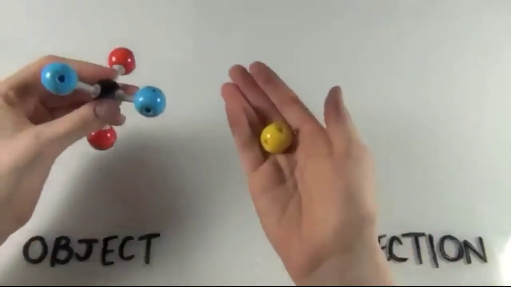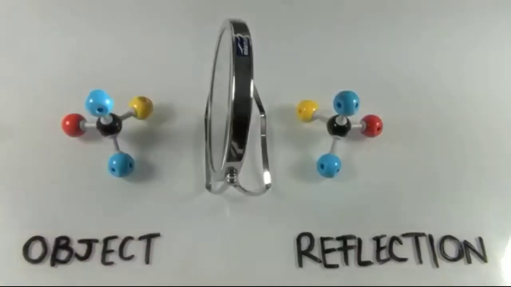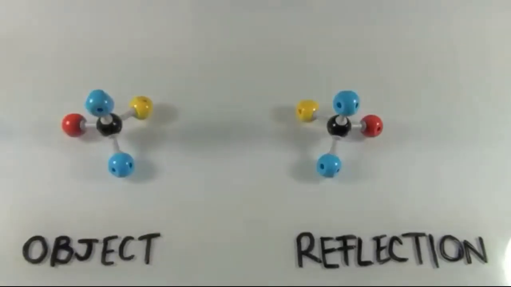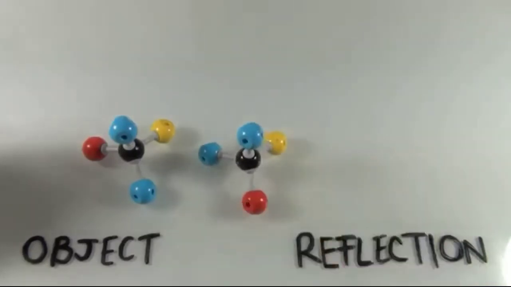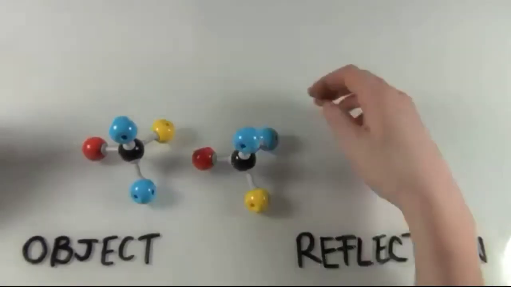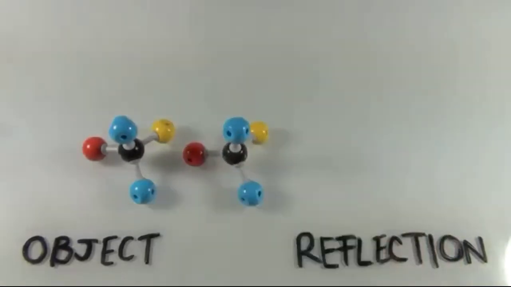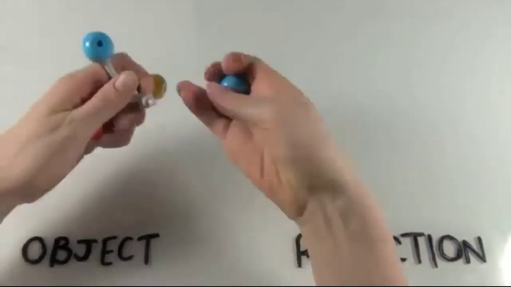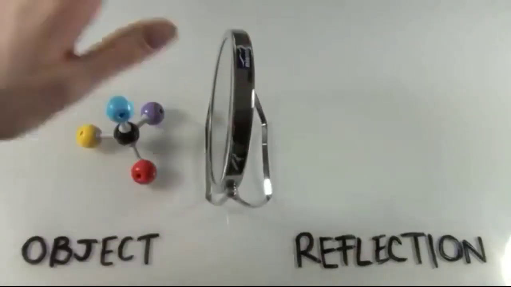Then let's change another ball into yellow. And so as we can see, the reflection is quite different. It looks very identical, but if you turn it around, it is now not identical to its reflection. Then let's change another ball into violet, and let's see its reflection in the mirror.